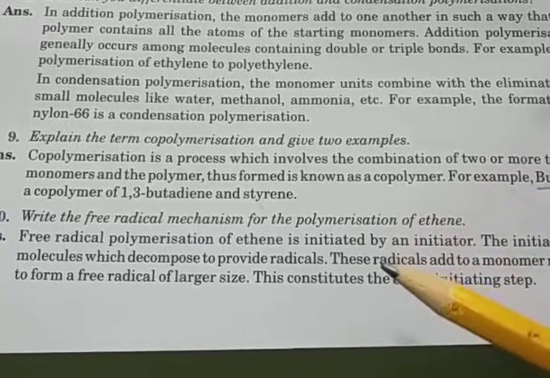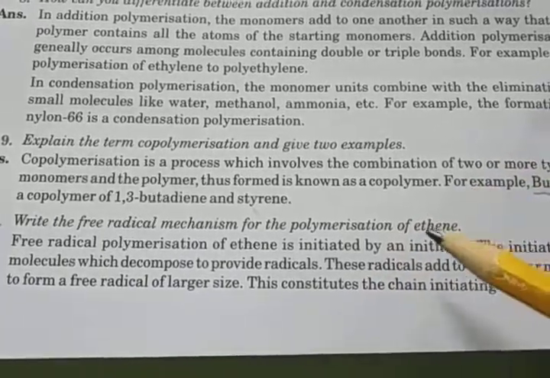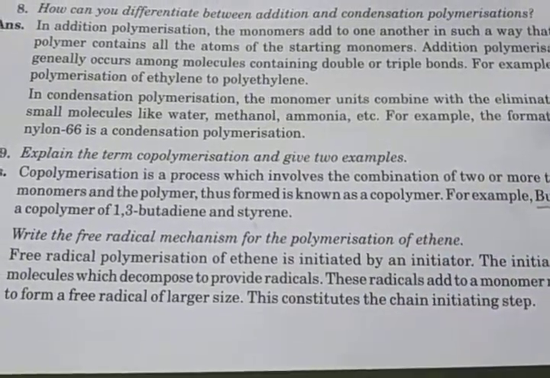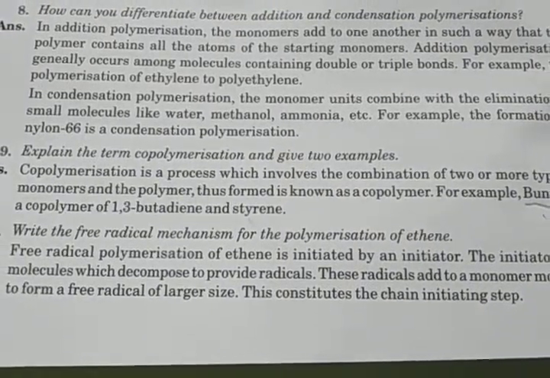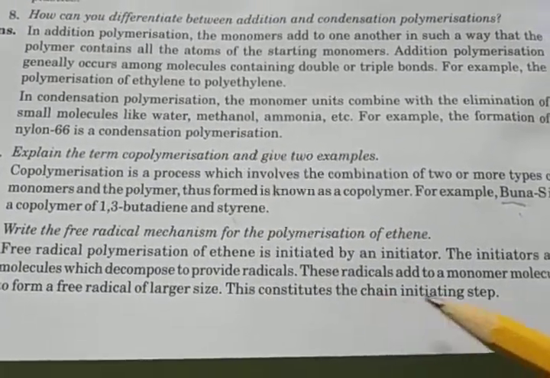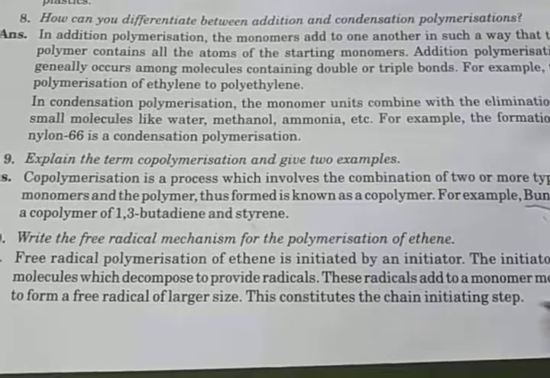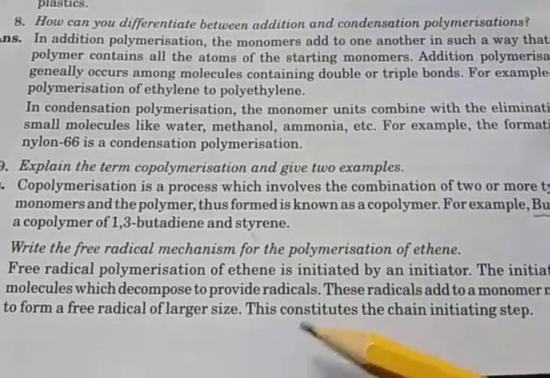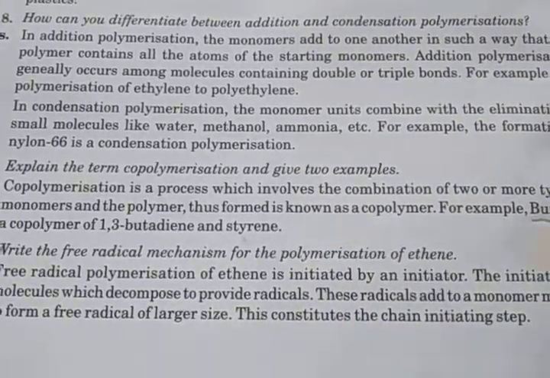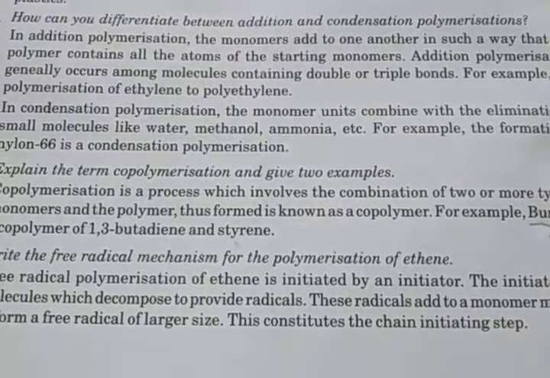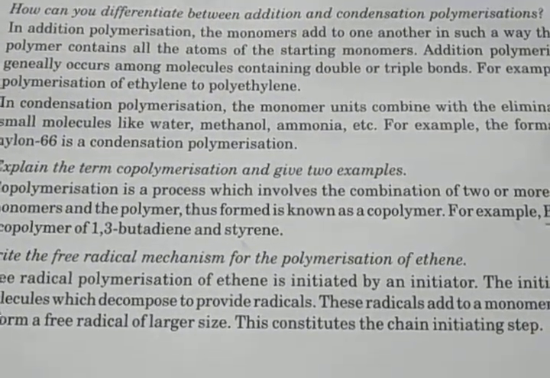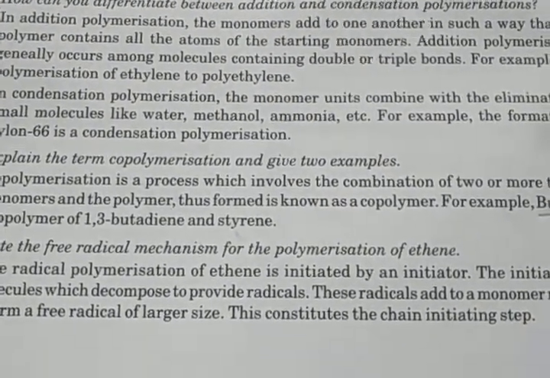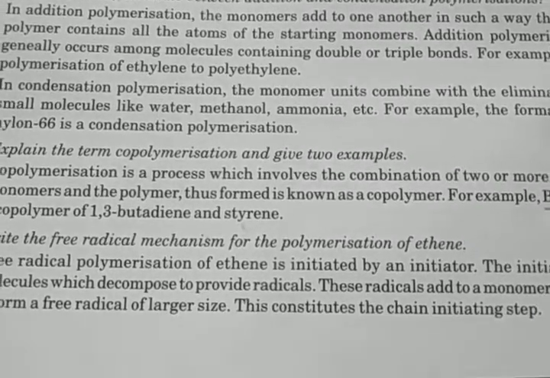Initiators are molecules which decompose to provide radicals. A radical means one free electron on the atom. These radicals add to a monomer molecule to form a free radical of larger size. This constitutes the chain in three steps: initiating, propagating, and terminating.